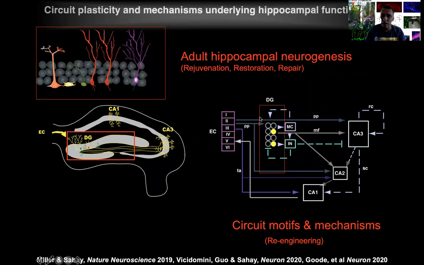This is a simplified wiring diagram, and the causal role of connectivity motifs, elemental features of this wiring diagram, to the functions of the hippocampus in memory and the regulation of emotion. And our hope is that these efforts may inspire strategies to rejuvenate the dentate gyrus with new neurons in disease states, restore or repair the hippocampus, and re-engineer circuit motifs to optimize hippocampal memory processing. And I'll give you some examples along the way in the next few slides.